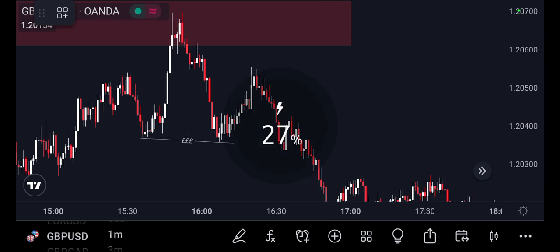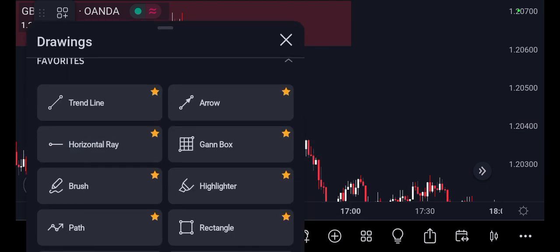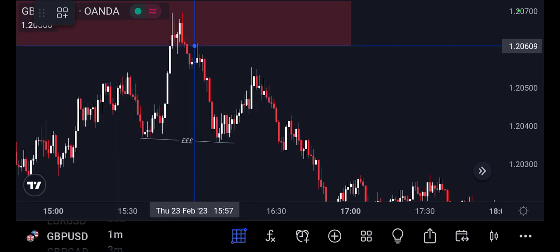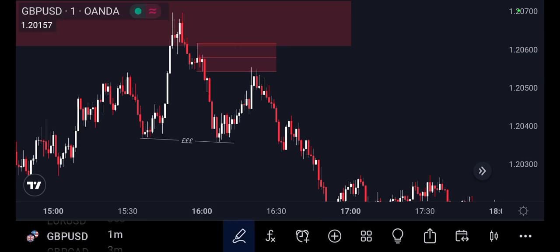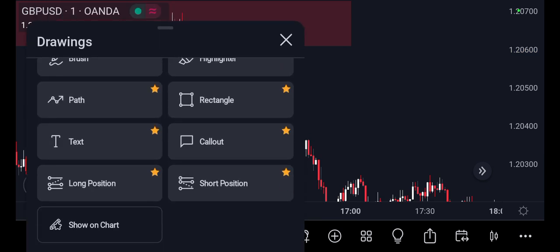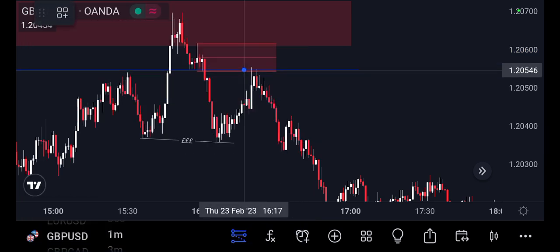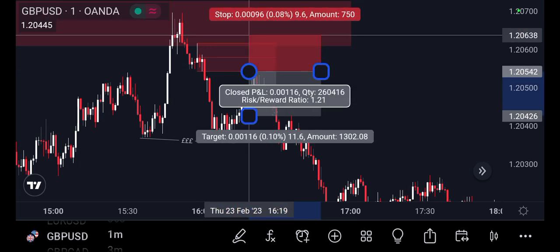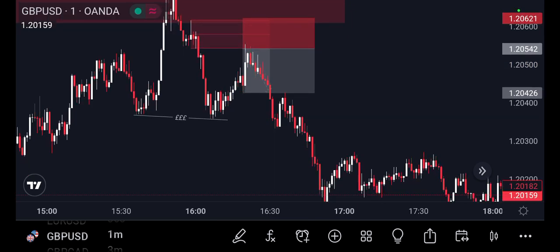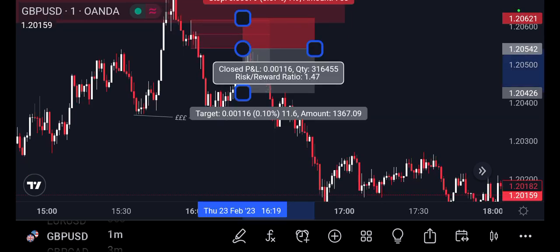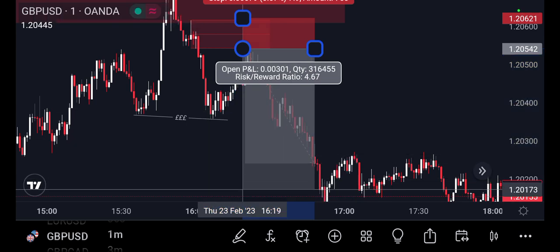But price is in a downtrend, so you just mark out the last buy candle that led to the break of structure. This was the swing high. You mark it out. You enter from here. Stop loss here. And that's just it.